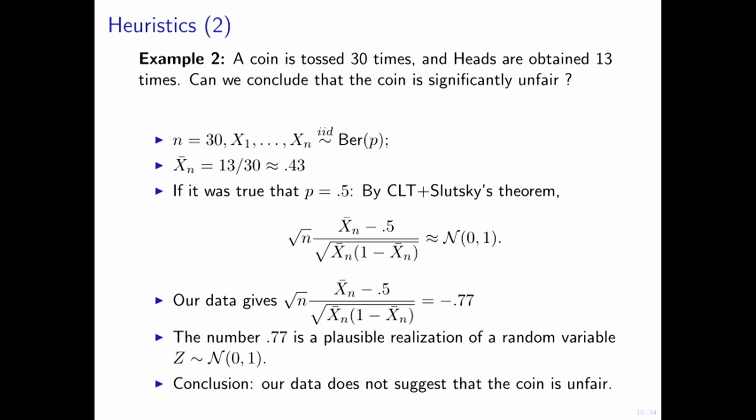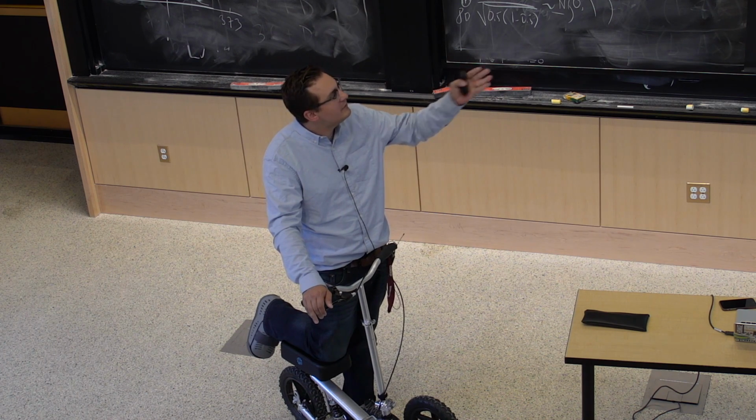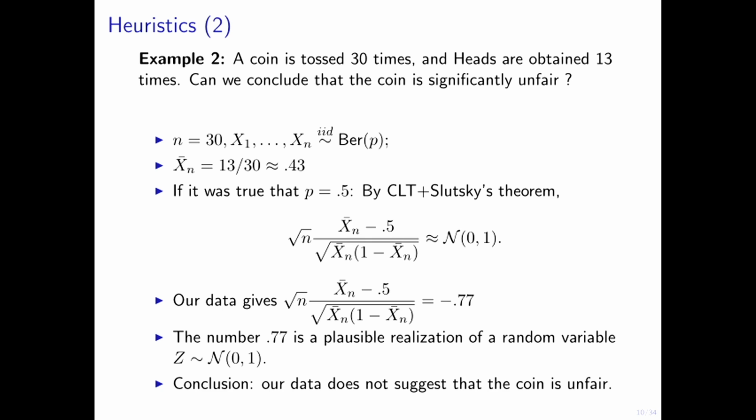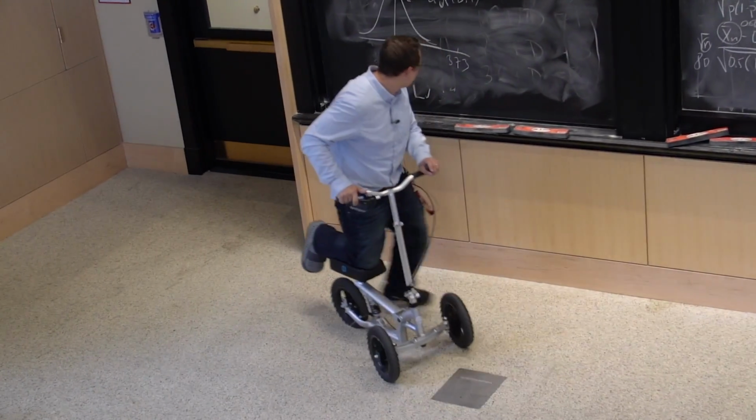Let's see if this is going to give me a plausible value. What I get is 0.33 on average. If the true value was 0.5, I would get something like 0.77. And now I claim that 0.77 is a plausible realization for a standard Gaussian. Now 0.77 is going to look like it's here.